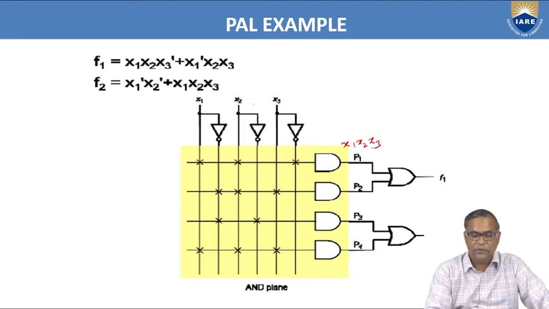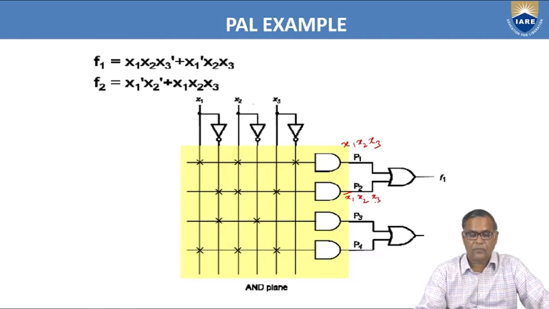Then P2 is x1 bar, x2 and x3, which is nothing but F1.